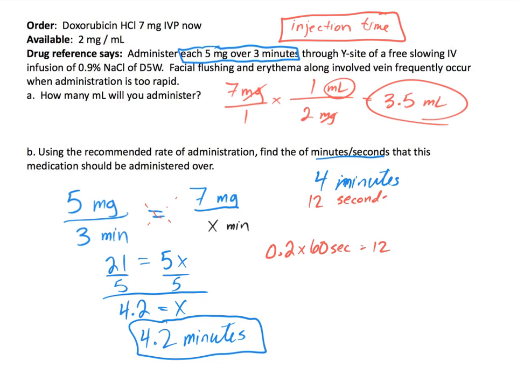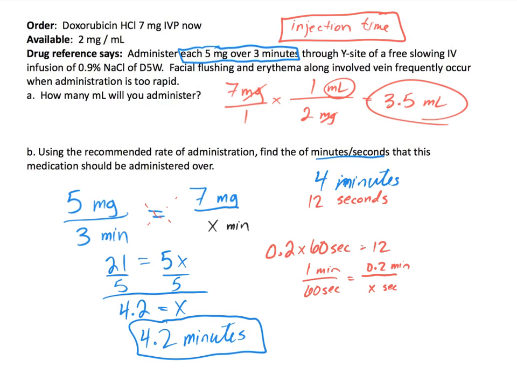If you're a little unsure of what I did right there, you could always just set up a proportion. You know that 1 minute is 60 seconds. That is the relationship between those two units, and we want to know how many seconds, x seconds, is equivalent to 0.2 minutes.